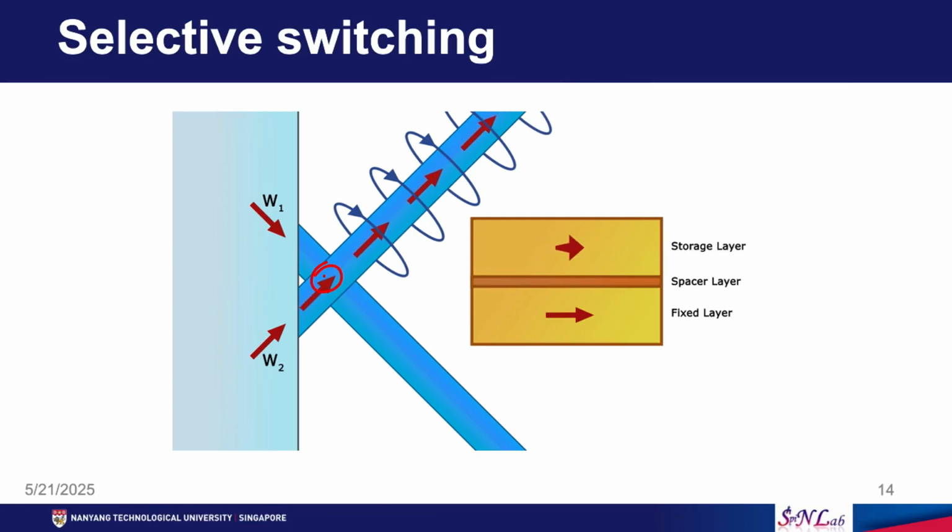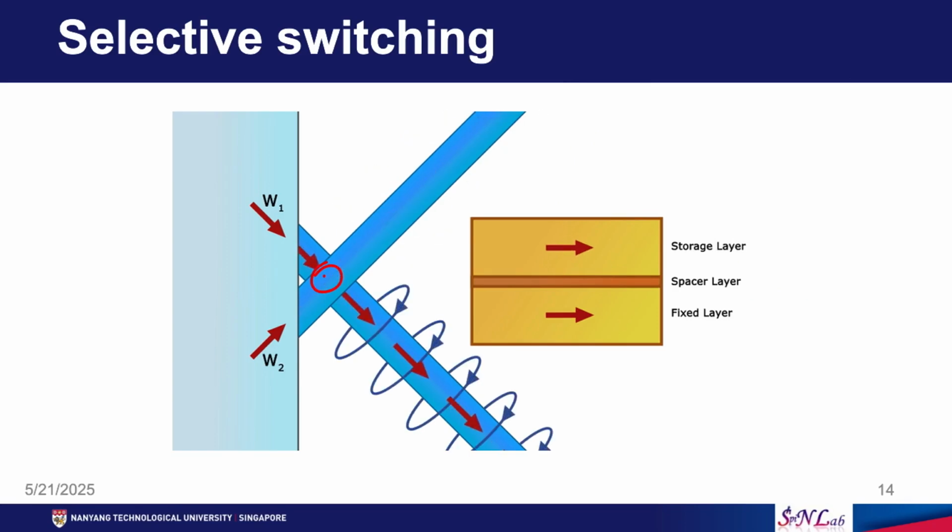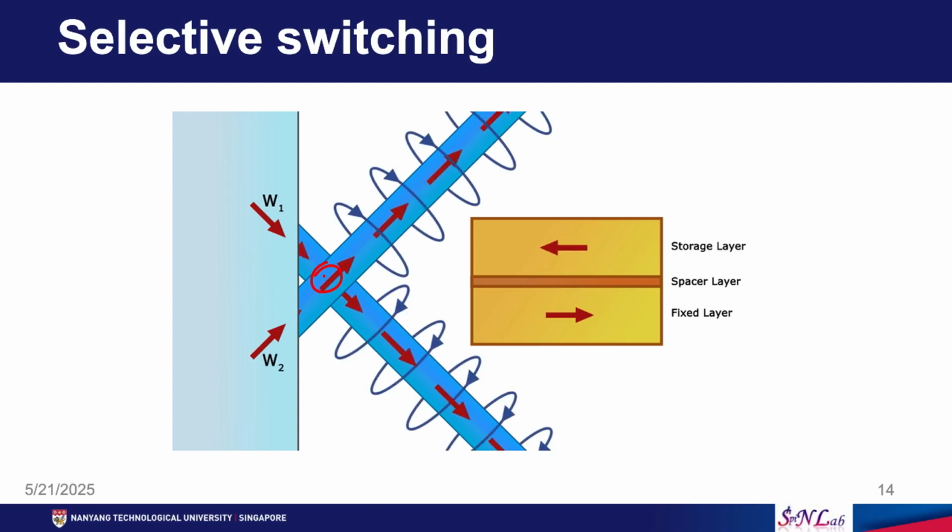One current does not change the final state. Only by sending current through two wires can we switch the magnetization of a particular MTJ.